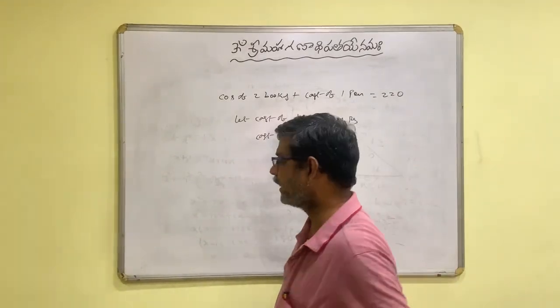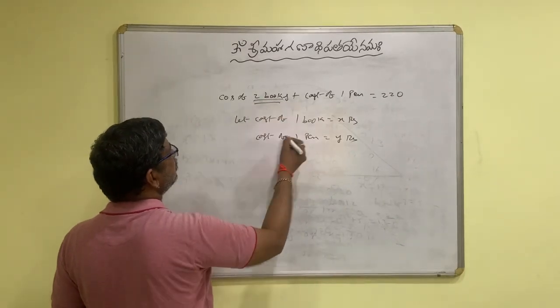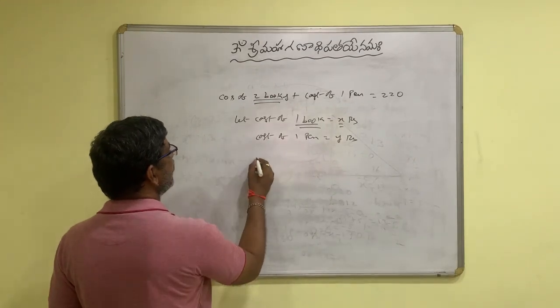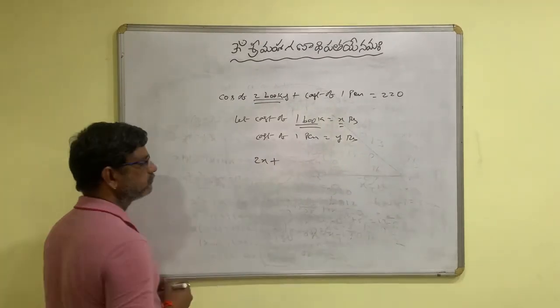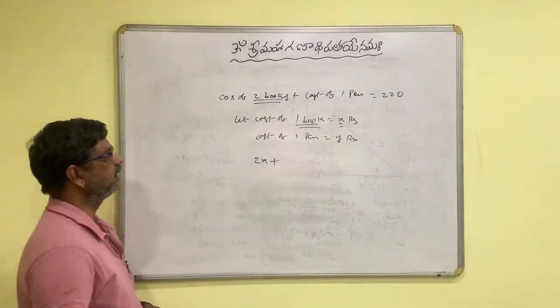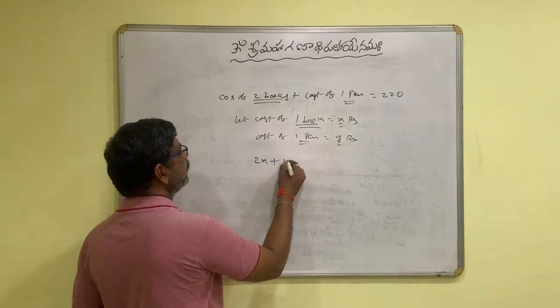Then according to the situation, Vaishali bought 2 books. One book costs X rupees, so two books cost 2x rupees. And she bought one pen, and one pen costs Y rupees.